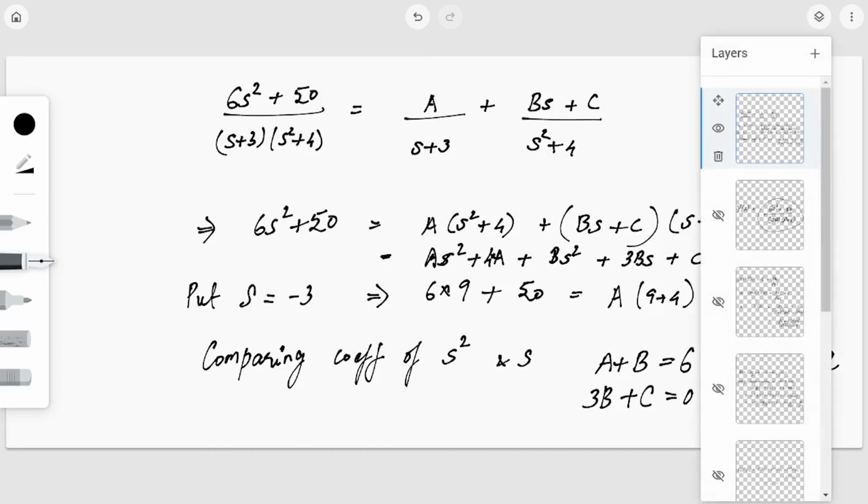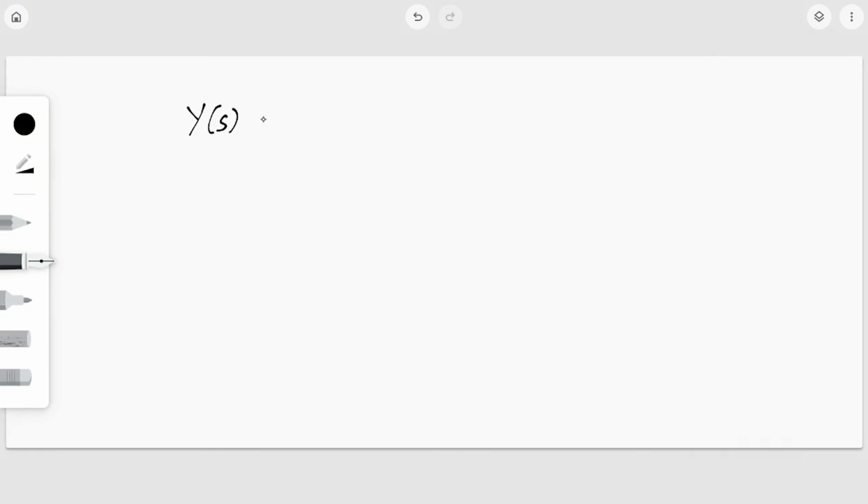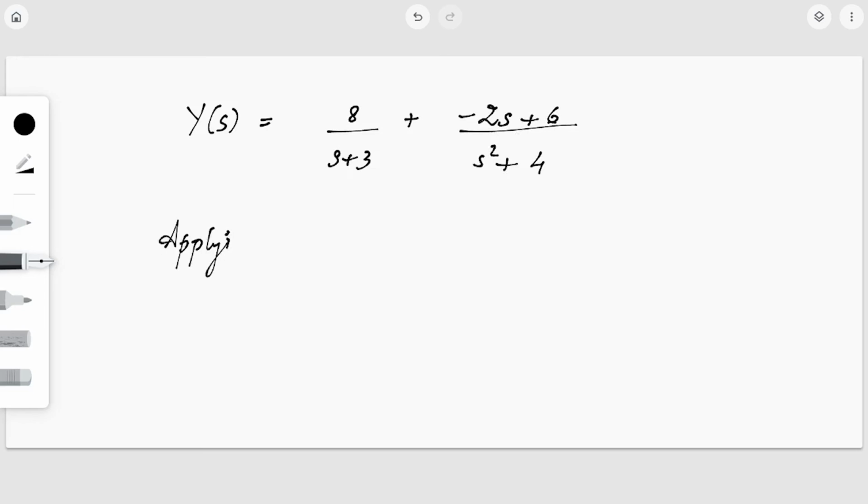So let us write what will be our Y(s). Y(s) will be now nothing but 8 by (s + 3) plus, B is minus 2, so minus (2s + 6) by (s² + 4). Now I am going to apply the inverse Laplace transform. Okay, inverse transform, what do I get?